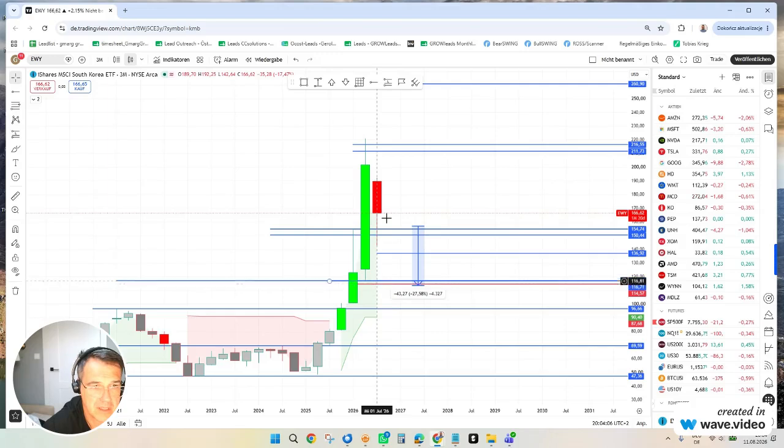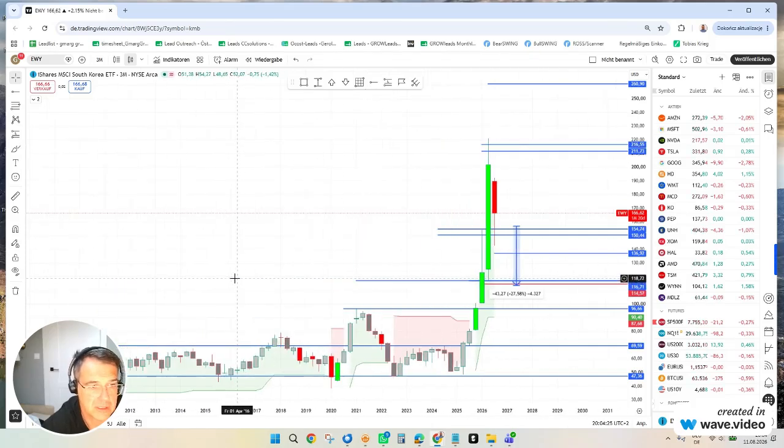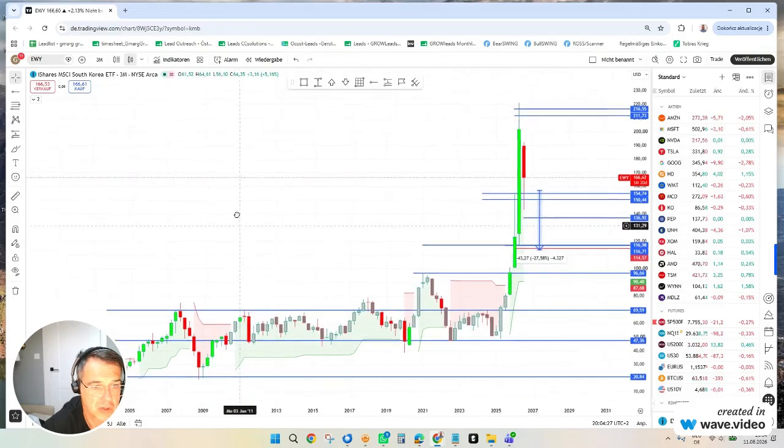And when we really move down to 116, 115, this would be a nice entry point, I guess, for this quarter. And that is the reason why this could be interesting, also to have a look into the 3 month chart.